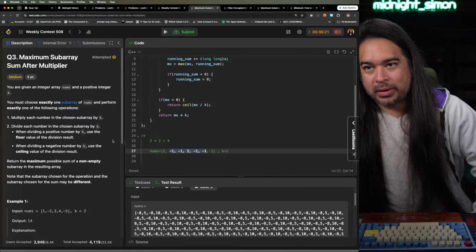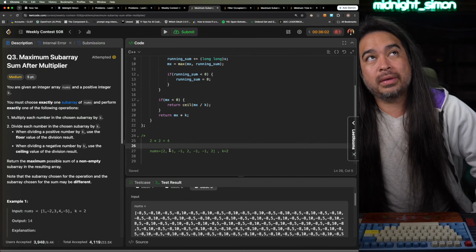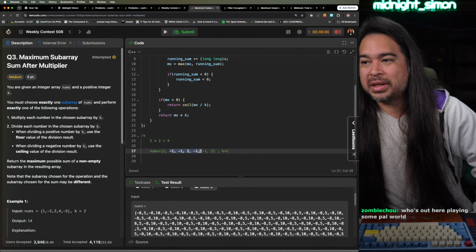But I'm real close. So we can divide out this whole part and then just add the resulting thing. So maybe what I need is the minimum subarray.